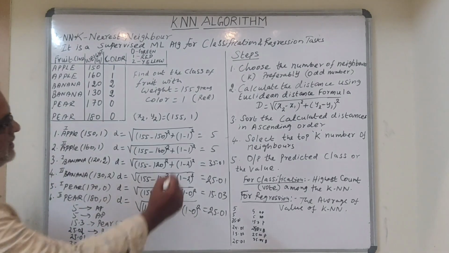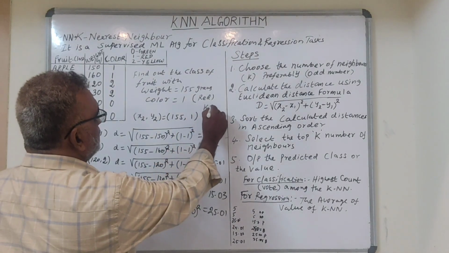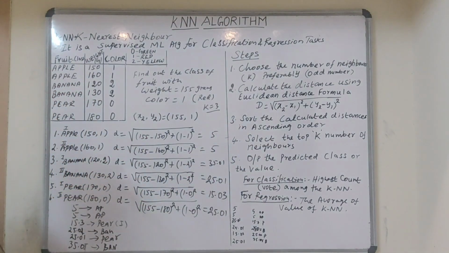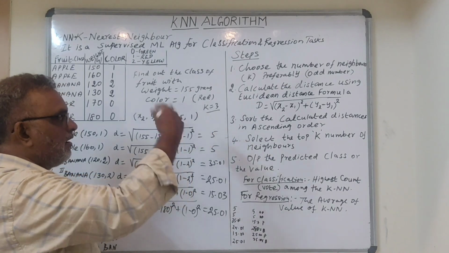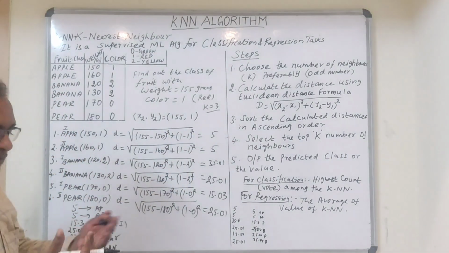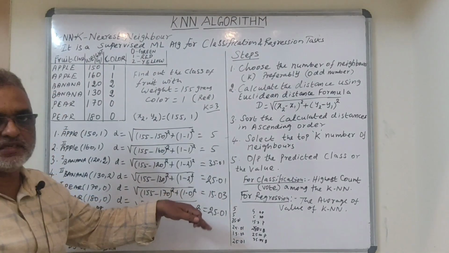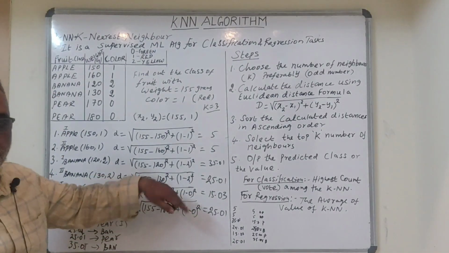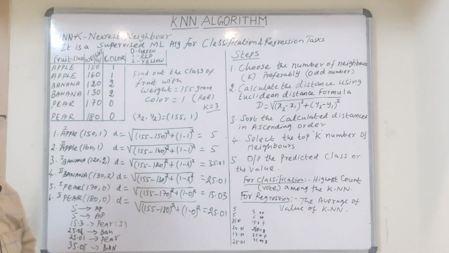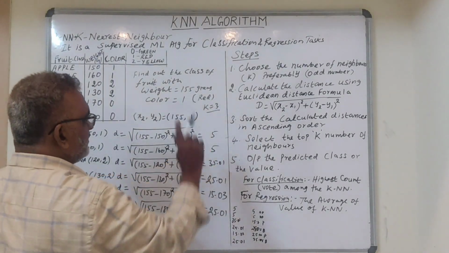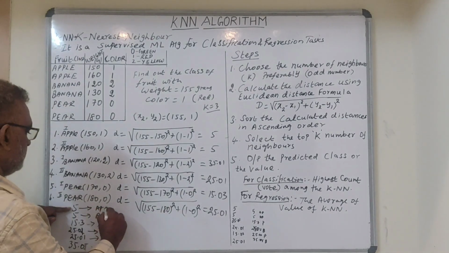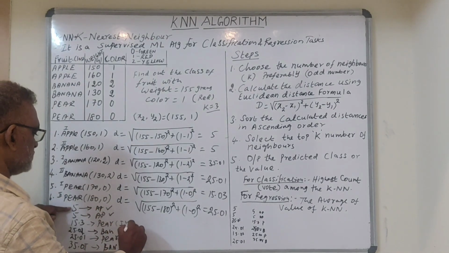Let us consider that our k value is 3. You can consider any value. If you consider 1 or 3 or 5, if it is an odd value, it is easy to get our votes. Selecting the classification based on voting, we have to count the number of the nearest k values. If k is equal to 3, then we consider the first 3 values.